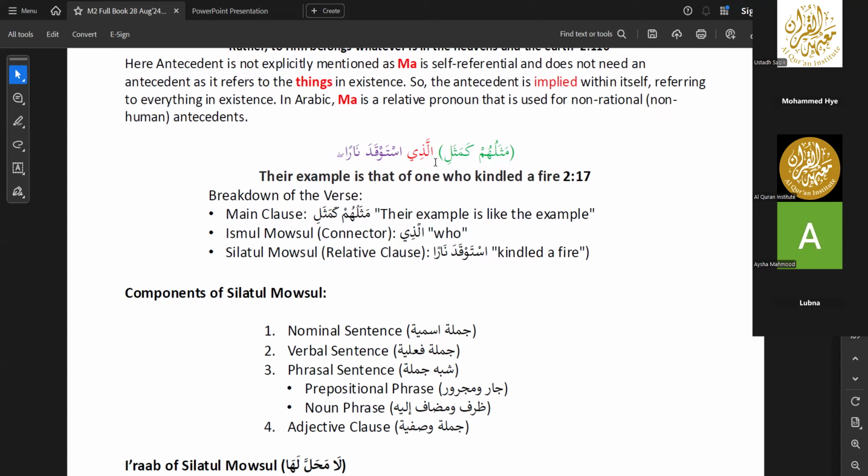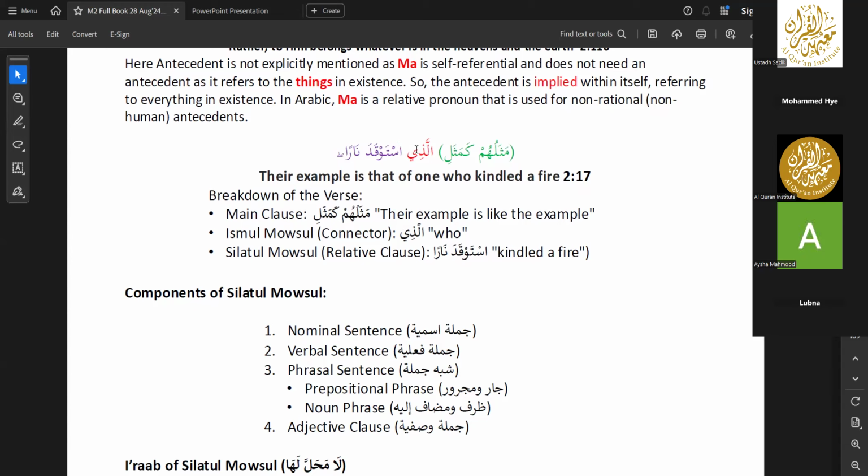The silatul mawsul istawqada nara, kindled a fire. So the silatul mawsul, the relative clause, is connected to the main clause via the ism mawsul, alladhi.